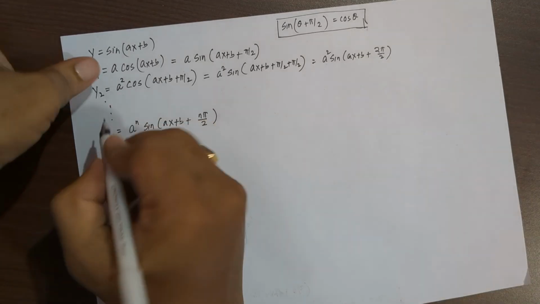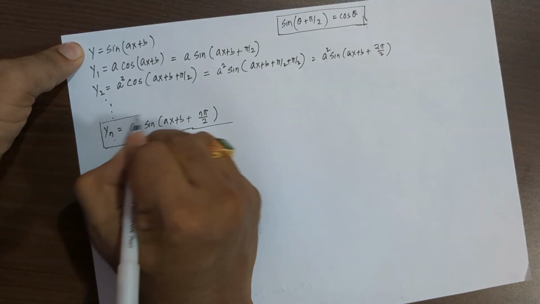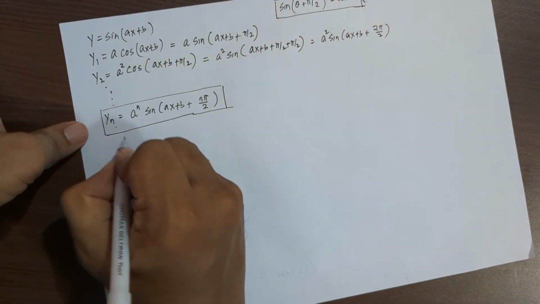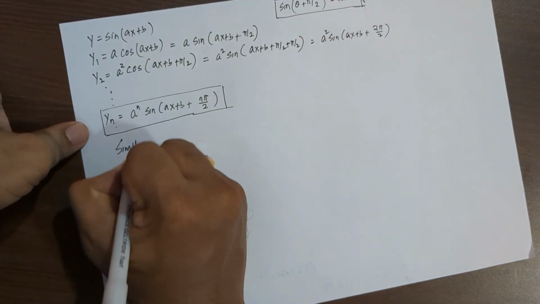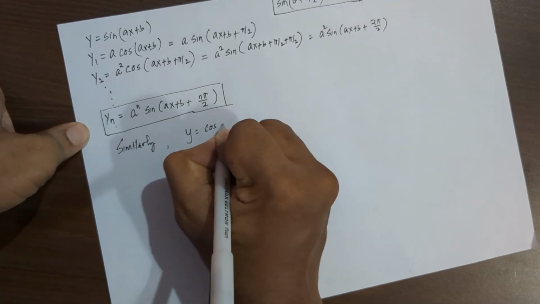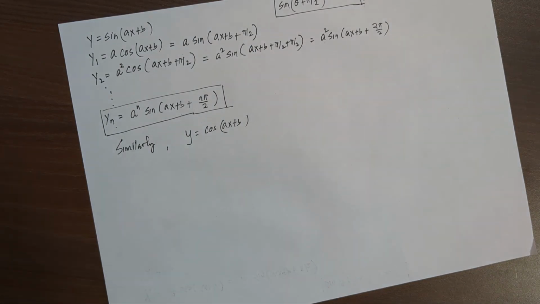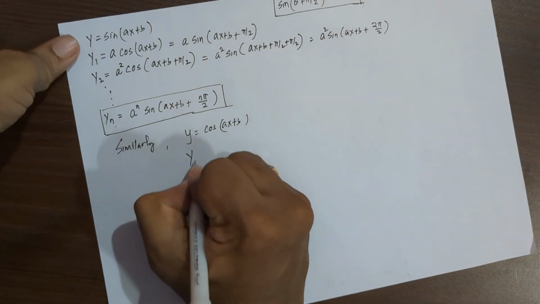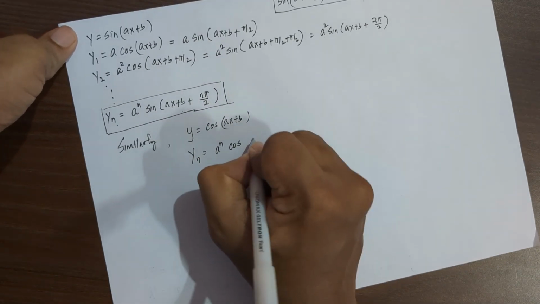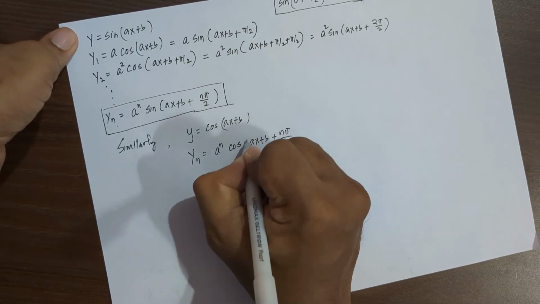So this is the nth derivative of y if y is sine of ax plus b. And similarly, if y equals cos of ax plus b, you can try and you will obtain the nth derivative as a to the power n cos of ax plus b plus n pi over 2.